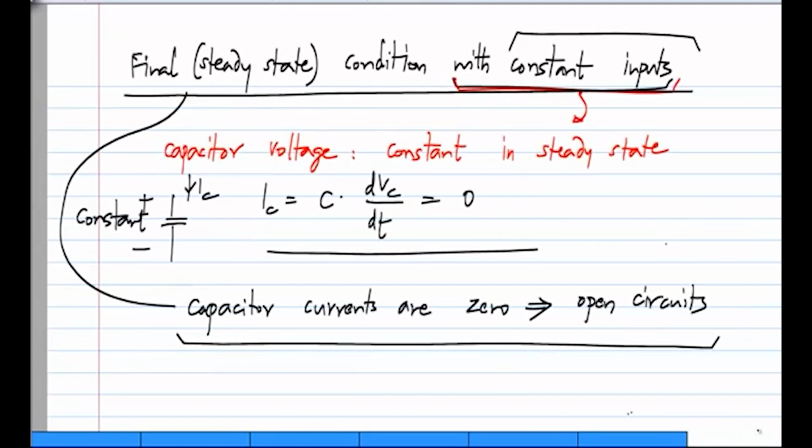So we discussed how you can find the initial and the final values by inspecting the circuit or by doing simpler circuit calculations. That is, you don't have to worry about the differential equation. You may have to solve for some algebraic circuit, that is a circuit with independent sources and resistors and control sources and so on.